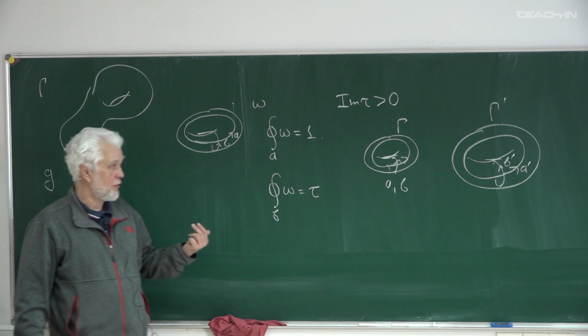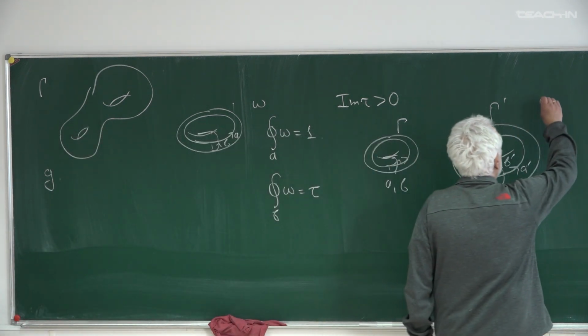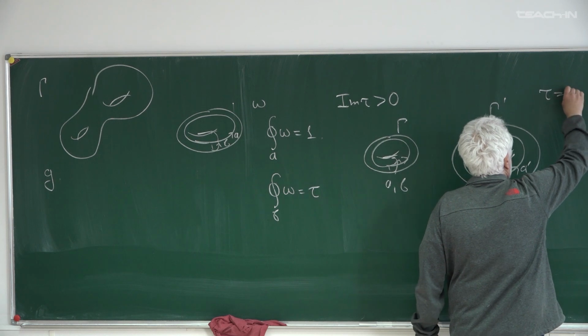These pairs are equivalent if and only if tau is equal to tau prime.